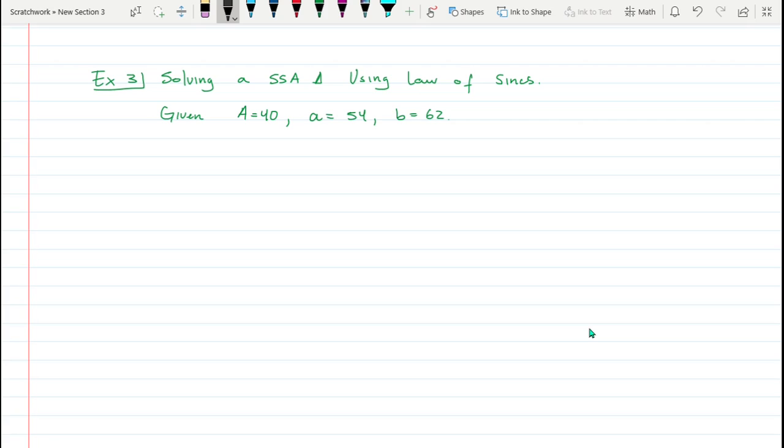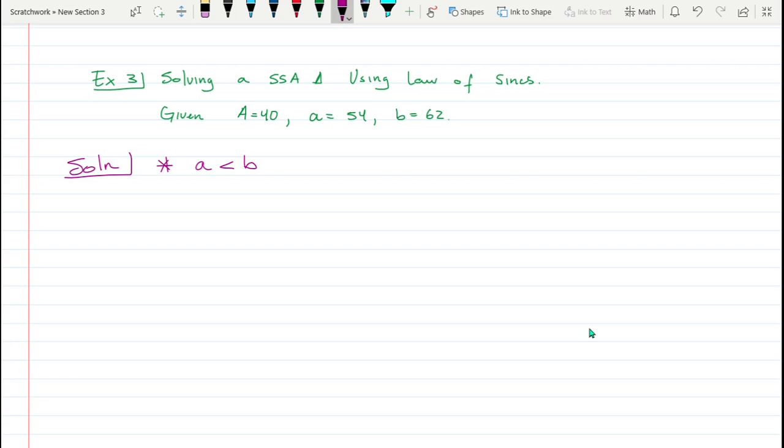And again, we figure out that A is less than B. So here we have another possibility of having no triangle or two triangles. So we don't know. How can we determine that?